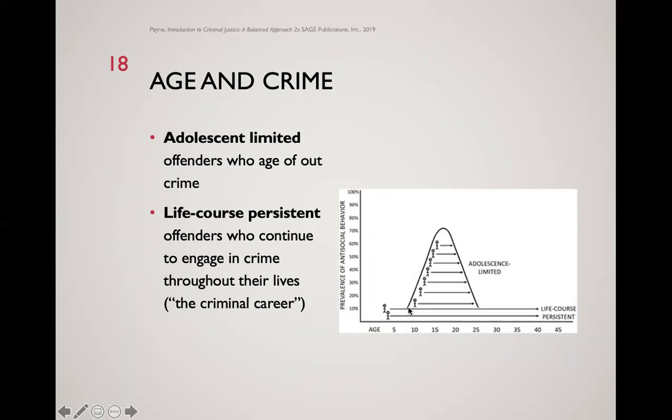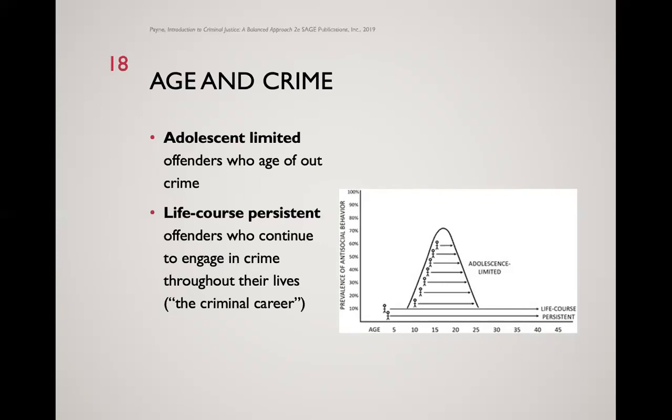The big hump between roughly ages 10 to 24, 25. You're going to see that same age range when you see all of these figures when it comes to age and crime and the age crime curve. Adolescent limited means that crimes that they commit are limited to their adolescence. Adolescence is from the age of, I think, 12 to 24 or 25-ish, whatever the number is. It very much mirrors the age crime curve.